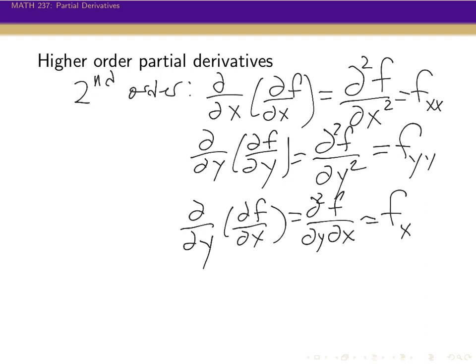And so I'd write it f sub xy. The reason why I'm switching these variables is over here, you're sort of reading like compositions. You read what's happening to f first. Well, I'm doing the partial in terms of x first, and then the partial in terms of y. Here, x is closer to f. So I took the partial in terms of x first, and then the partial in terms of y.